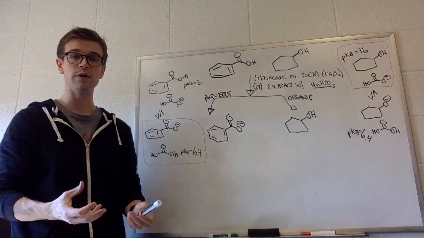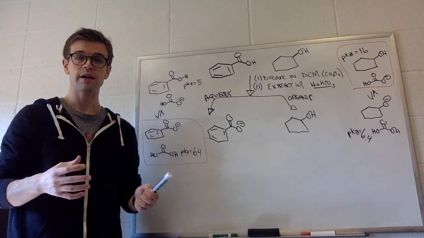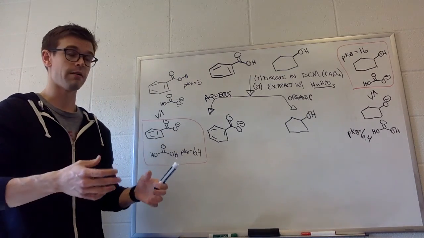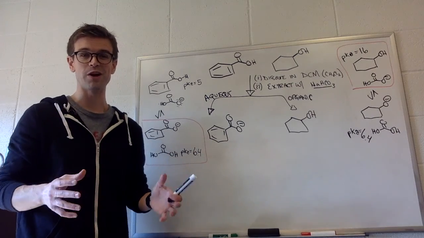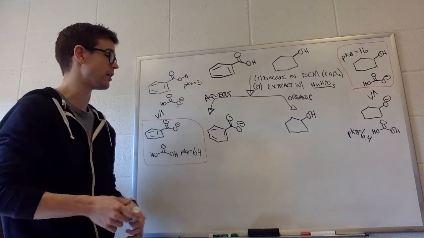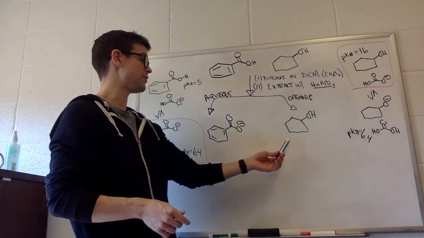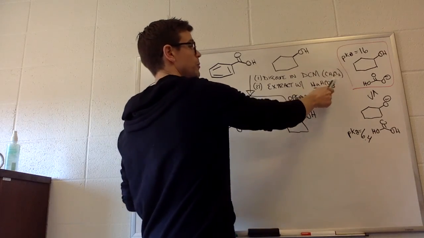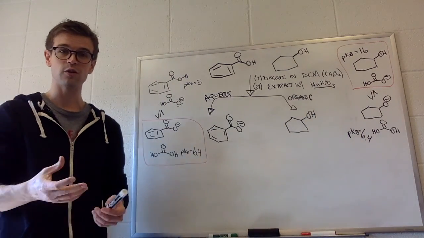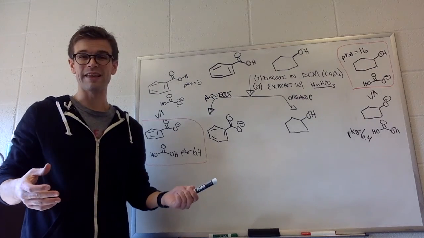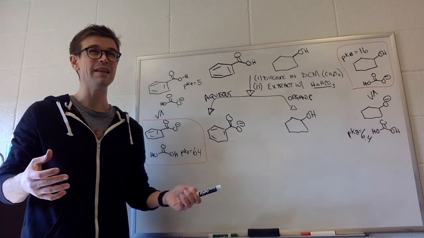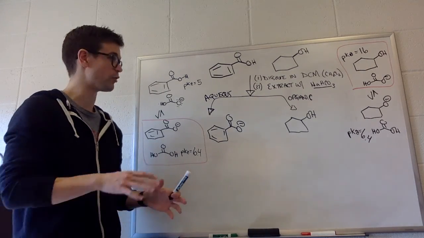If we wanted to get the pure compound to characterize using spectroscopy like NMR and IR, what we would have to do now is remove all the dichloromethane. That's really easy to do. Dichloromethane boils at like 38, maybe 40 degrees Celsius, so really low.